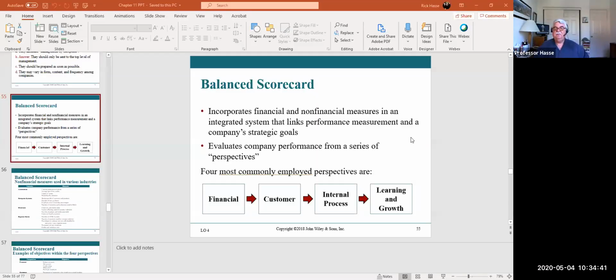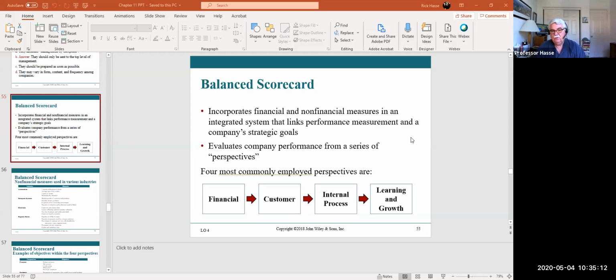It incorporates financial and non-financial measures in an integrated system that links performance measurement and the company's goals. It evaluates the company's performance from a series of perspectives. In a SWOT analysis, it's strength, weakness, opportunity, and threat. That's the analysis of a particular strategy.